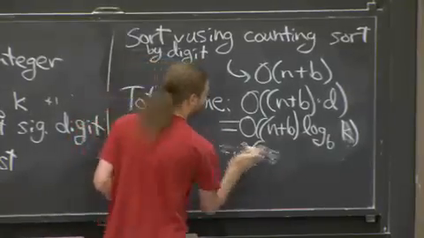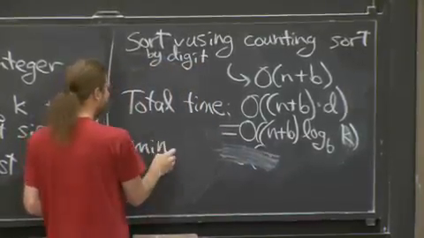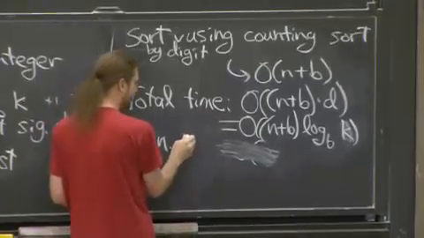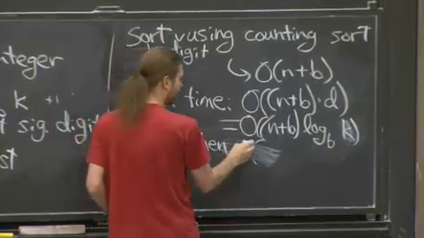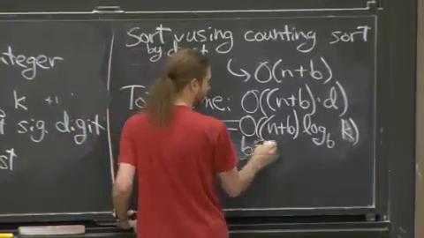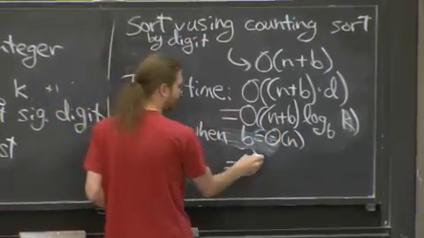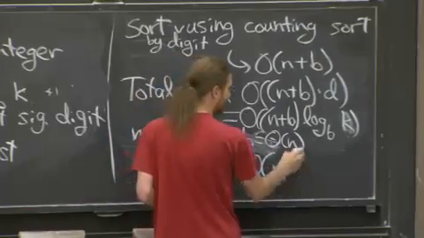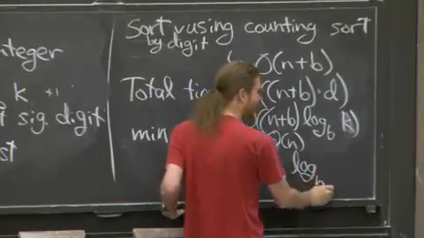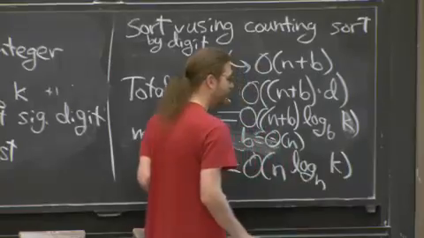You can prove it with a derivative or whatever. This is going to be minimized when b is, I'll be vague, theta n. Okay, so then it's going to come out to n times log base n of k.